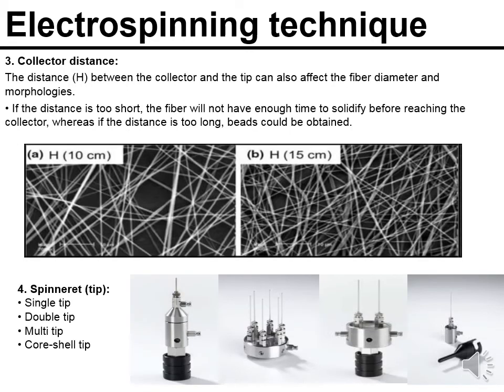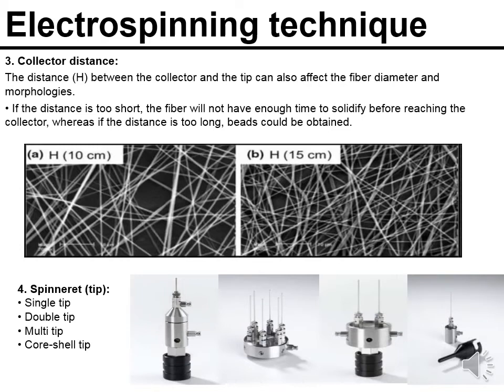The third parameter controlling the nanofiber is the collector distance, meaning the distance between the collector and the tip of the needle, which affects the fiber diameter and morphology. If the distance is too short, the fiber will not have enough time to form, while if the distance is too long, beads could be obtained.